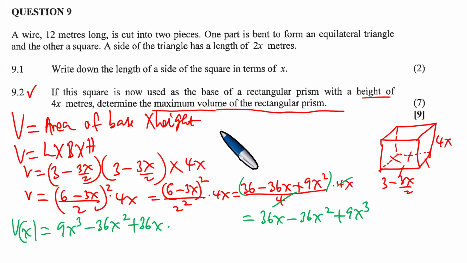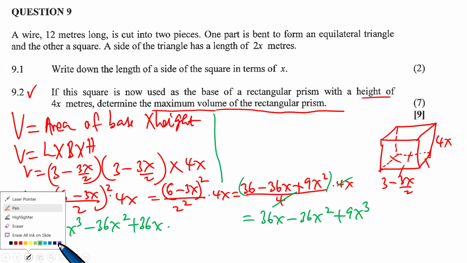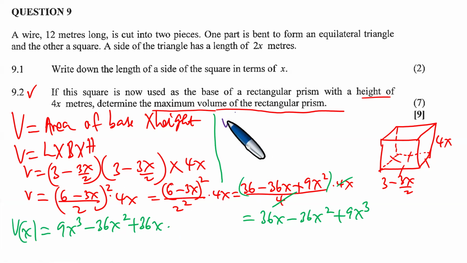Okay, so in the end, we want to find the derivative of this, which is V prime of x. Let's find the derivative. Here we have the volume function. So we have 9 times 3, which is 27. Okay, let's write clearly here.